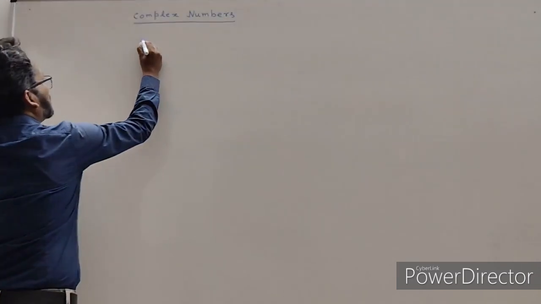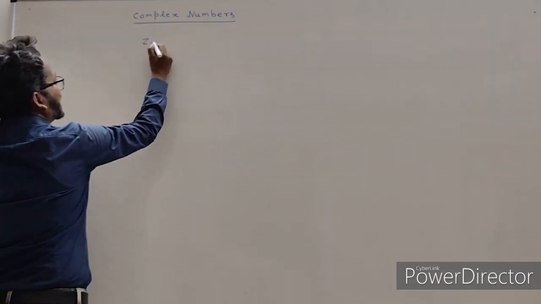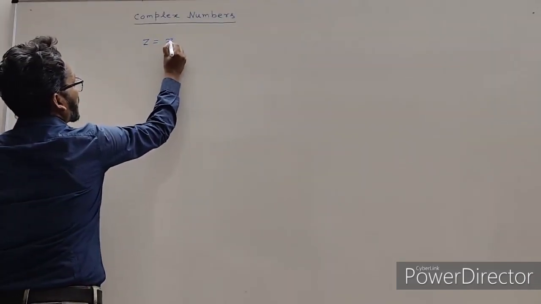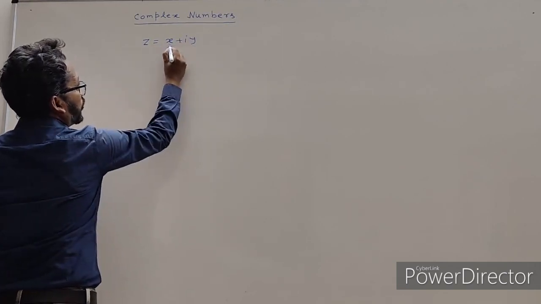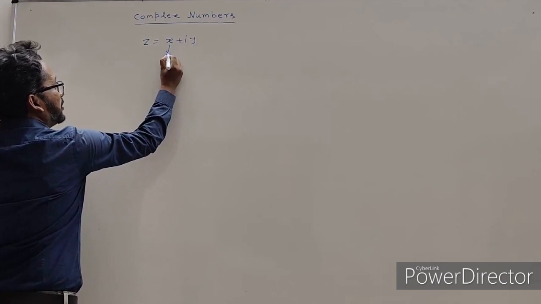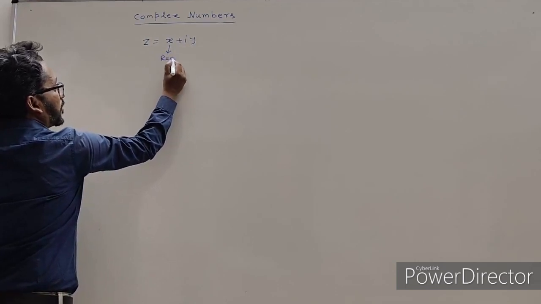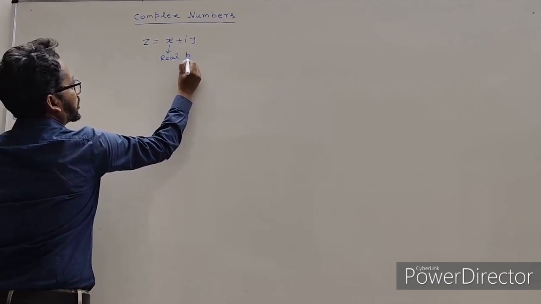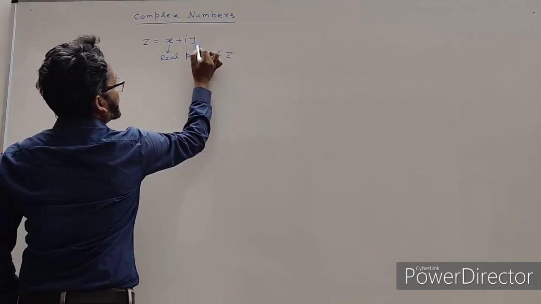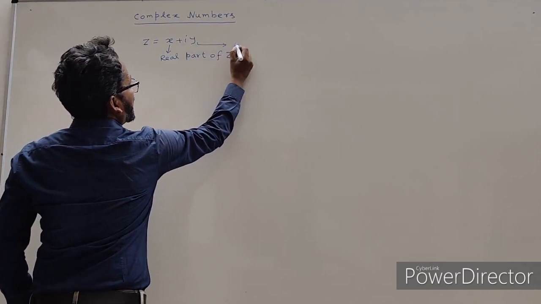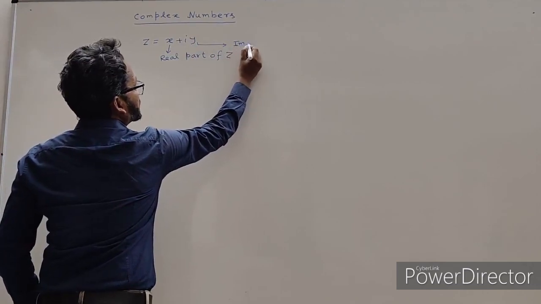In general, a complex number, say z, is denoted in this way: x plus iy, where this x is known as the real part of z and this y is known as the imaginary part of z.